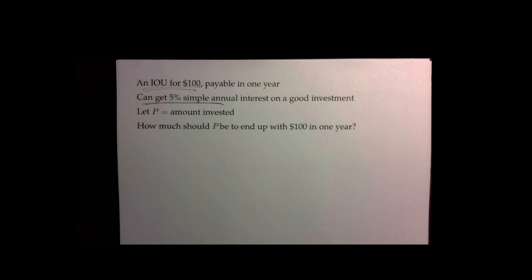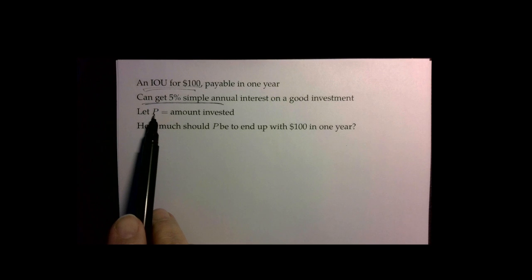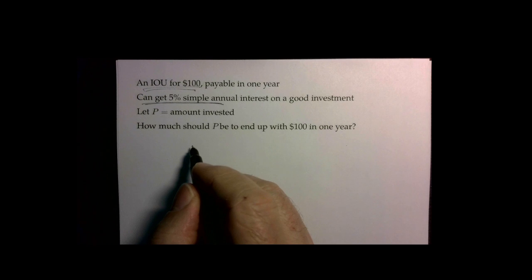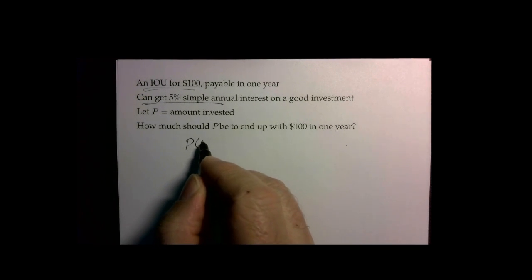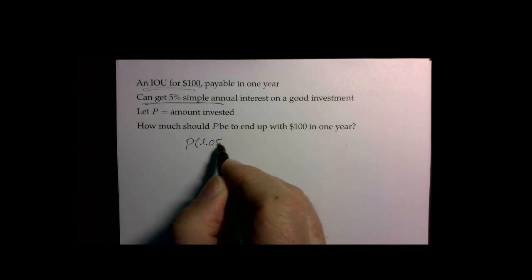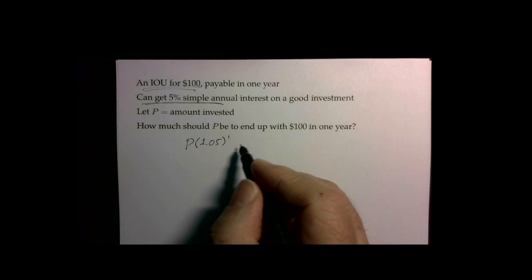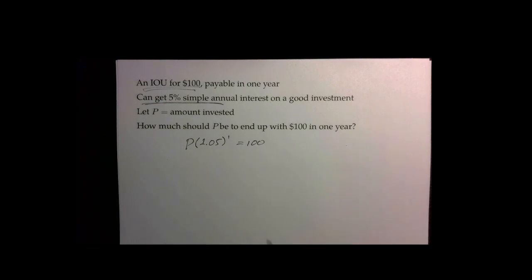Then a fair price to pay for the $100 IOU is the amount P that you would have to invest today, at 5% simple annual interest, to end up with $100 a year from now. So you can pretty easily figure that out. If you invest P dollars right now at 5% simple annual interest, then after 1 year, it's going to be worth P times 1.05. And we need to know when that is equal to 100.